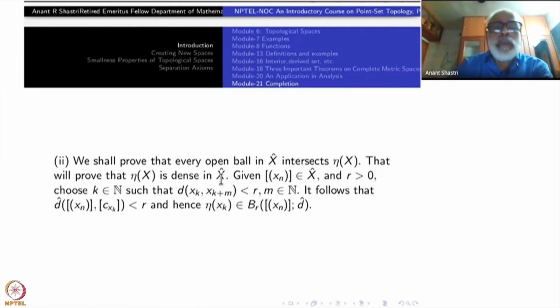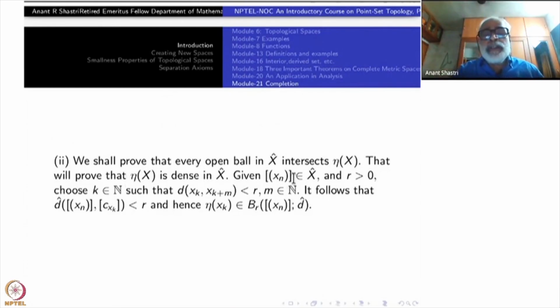Given xn, a Cauchy sequence, and its class, take a positive r and take an open ball around that of radius r. I want to get an element of the metric space so that the equivalence class of the constant sequence is in that ball.